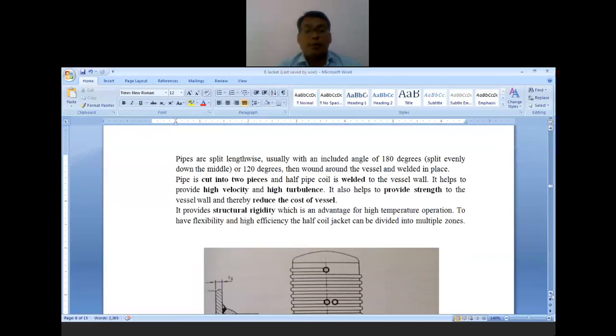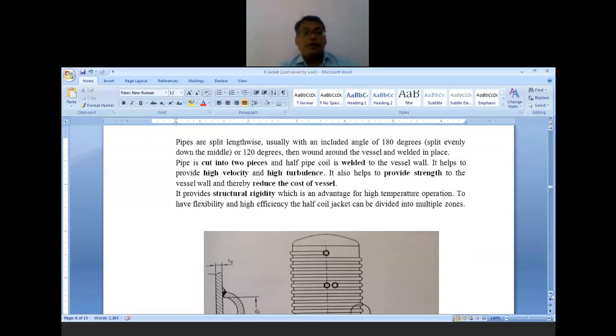Then how the half pipe coils have been created. Pipes are split lengthwise. That means a pipe is cut into two parts, usually at 180 degrees or 120 degrees for overlap. Then it is welded around the vessel.